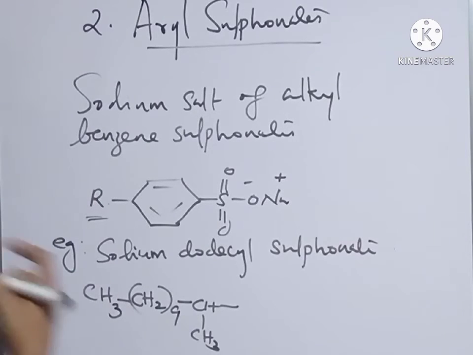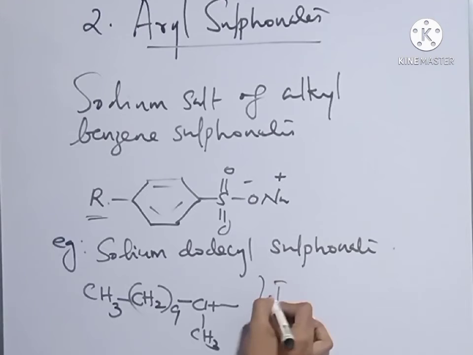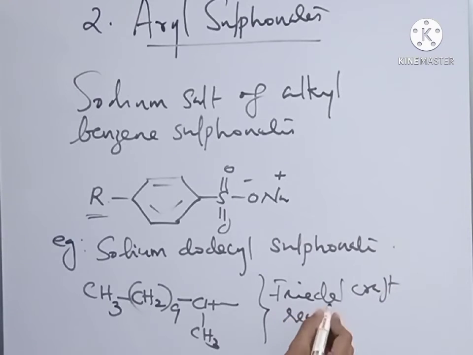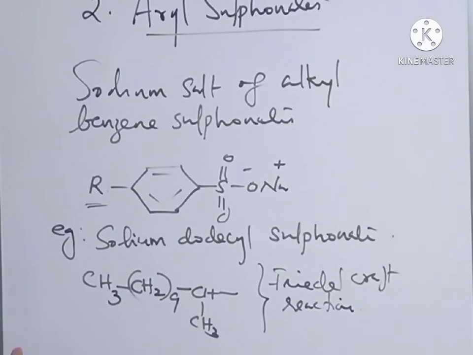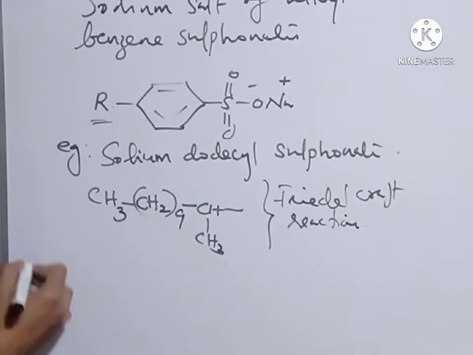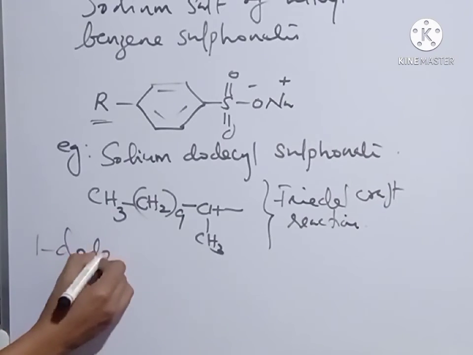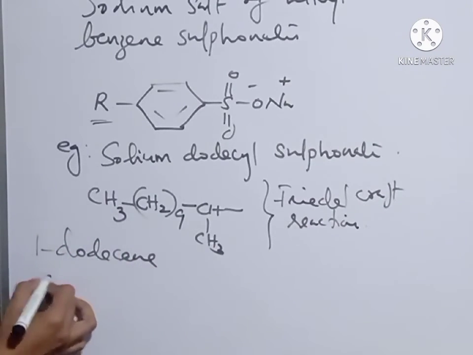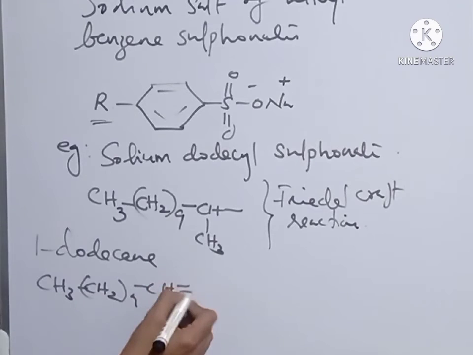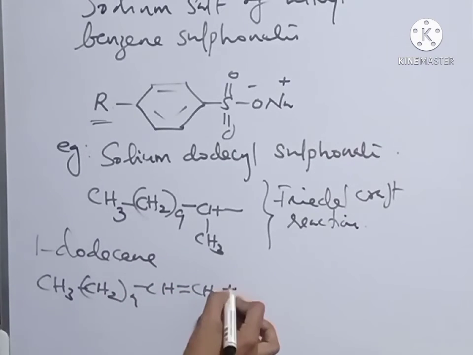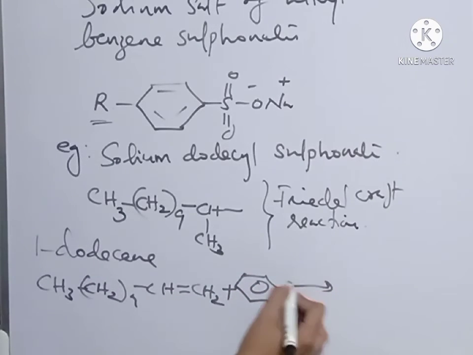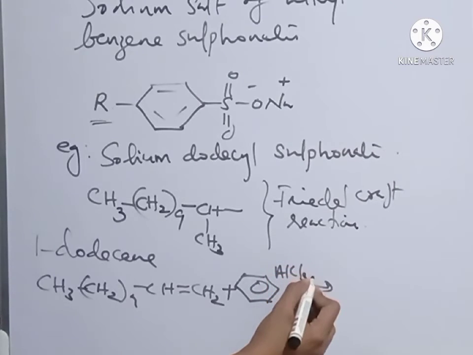And usually these are prepared by the Friedel-Crafts reaction. For example, if you are going to prepare sodium dodecyl sulfonate, then we have to take one dodecene, CH3 (CH2)9 CH2, and react this with benzene in presence of anhydrous aluminum chloride.